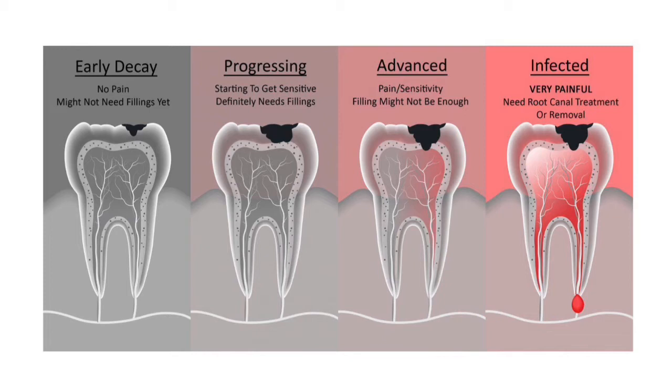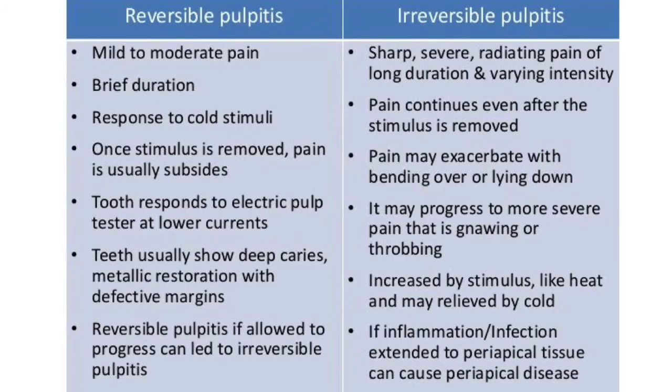Also, postural changes usually increase the blood pressure to the head, and it increases the pain in this situation. Radiographs are insufficient for the diagnosis, and electric pulp testing is of little value. So you would usually rely on a proper history, explanation of the pain, and the cold test results.